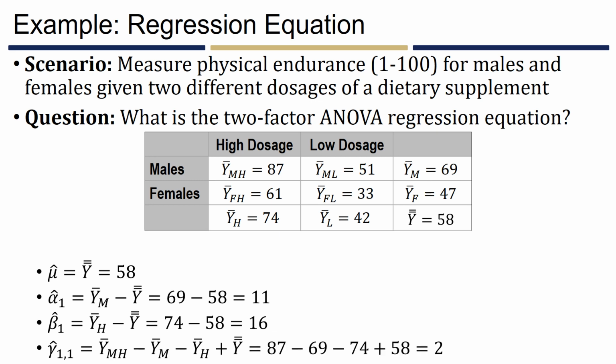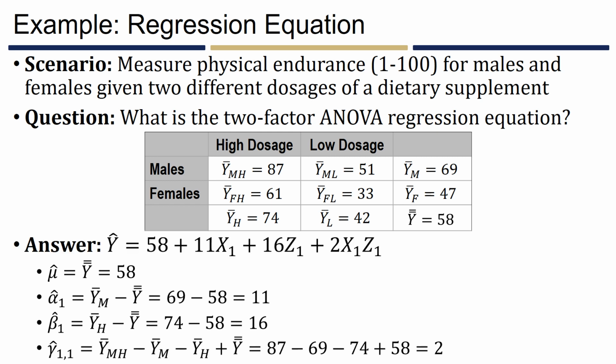So gamma 1,1 hat will be equal to 87 minus 69 minus 74 plus 58, which is equal to 2. So in the end, our regression equation is y hat equal to 58 plus 11 times x1 plus 16 times z1 plus 2 times the interaction between x1 and z1.